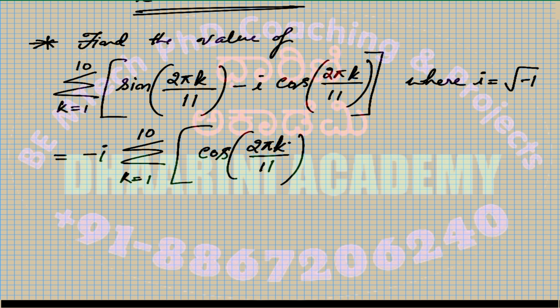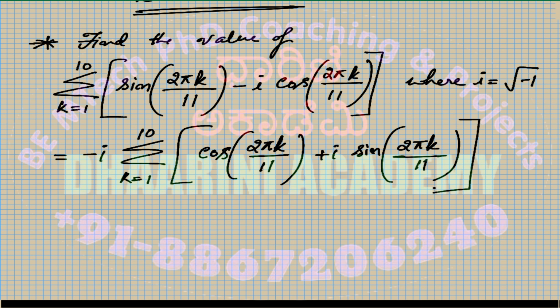And when minus i goes out, you divide the sine function by minus i, so sine of 2 pi k by 11 whole divided by minus i. But I know the property that 1 by minus i is plus i. So this is plus i into sine of 2 pi k divided by 11.